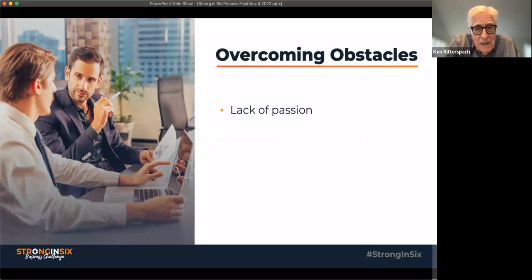So, overcoming obstacles. Lack of passion. Sometimes it's hard to get excited about process, right? So it's going to start with you. You've got to really see the benefits of process and be engaged in it and be excited about it. Because if you're not, then the rest of the people in the organization are not.